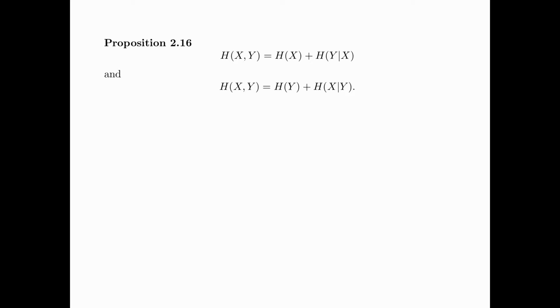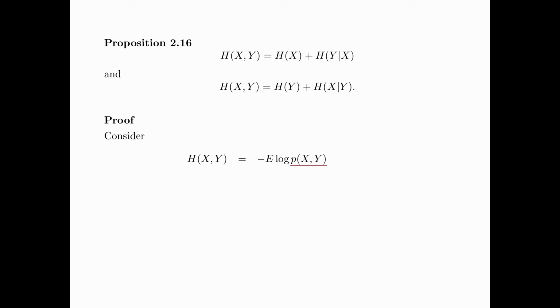In Proposition 2.16, we are going to prove two very useful formulas. First, we have H(X,Y) equals H(X) plus H(Y|X). By exchanging the roles of X and Y, we also have the second formula, namely H(X,Y) equals H(Y) plus H(X|Y). Now we are going to prove the first formula. Consider H(X,Y) equals minus expectation of log p(X,Y).